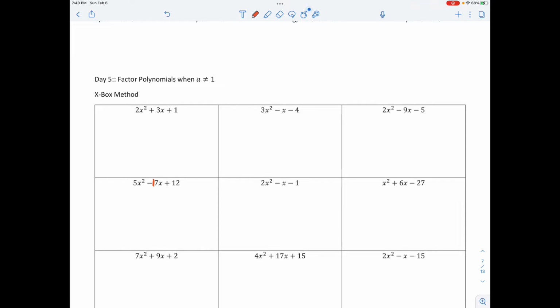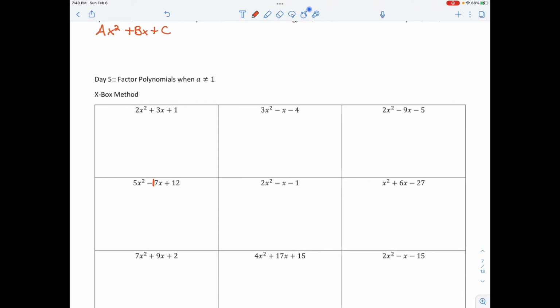Before we do that, let me remind you that the standard form of a quadratic equation is ax squared plus bx plus c. So we need to know that a is the coefficient of your x squared. It's the numerical part in front of the x squared. b is the number before x, and c is a constant.